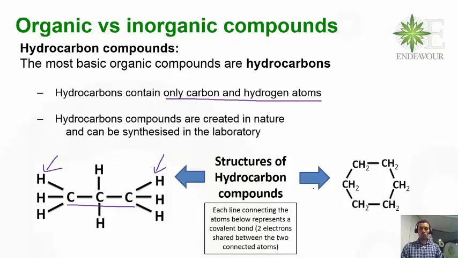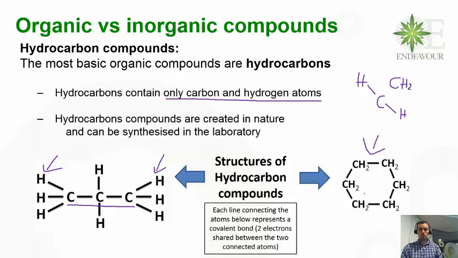So again, just like all our other representations, we saw that the line represents a covalent bond where two electrons are being shared. In the right-hand representation here, we have a slightly more simplified version of the structure. So when we see a CH2, it actually is representing a carbon bonding to two hydrogens like this, but instead of writing that out every time, we can just summarize that as CH2.